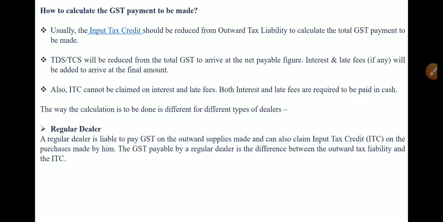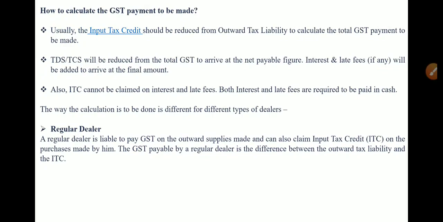And whenever purchases are made, input tax credit on the purchases made by him can be claimed. The GST payable by the regular dealer is the difference between the outward tax liability and the input tax credit.